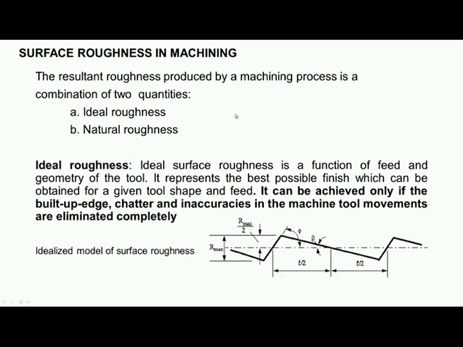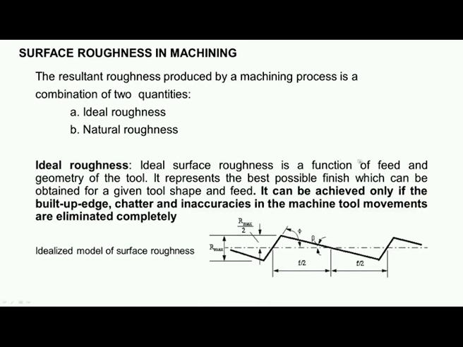Now, surface roughness in machining operation. When we machine the workpiece surface, we get two kinds of surfaces: one is the ideal surface, and the other one is the natural surface. Ideal roughness is a function of feed and geometry of the tool.